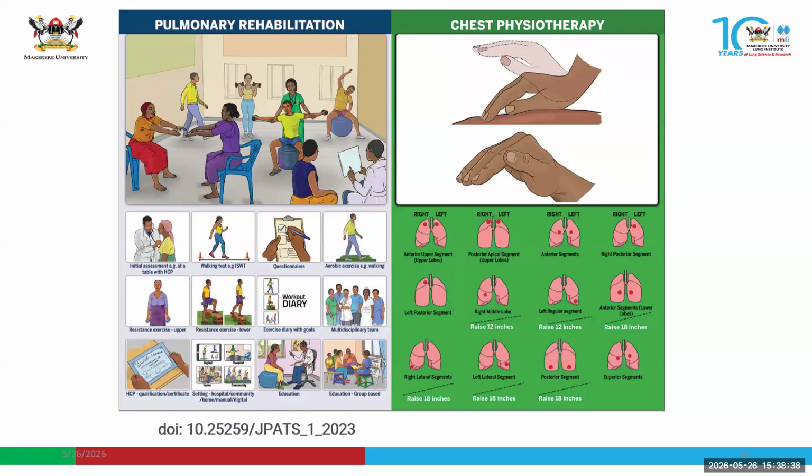You can actually see here the pulmonary rehabilitation is quite comprehensive, includes everything that we talked about, including assessments, exercise training. When you talk about health status or improvement in health-related quality of life, that is usually done using questionnaires to basically see that at baseline, they were at a certain level, and when they go through the entire program, you actually see an improvement in their health-related quality of life scores.